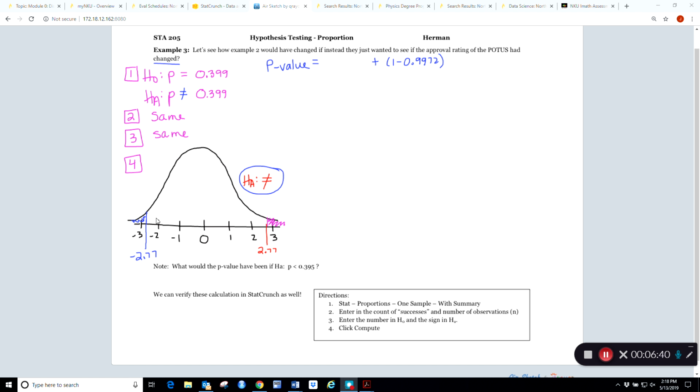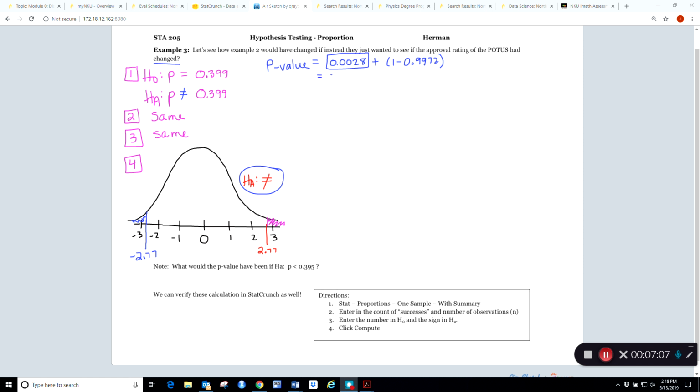But now I also need to find this shaded area. So this shaded area is shaded left. So for this one I can go straight to the table and look up that negative 2.77. And what I should find in my table is a probability of 0.0028. So this piece here is sort of the extra that we're changing for the p-value.